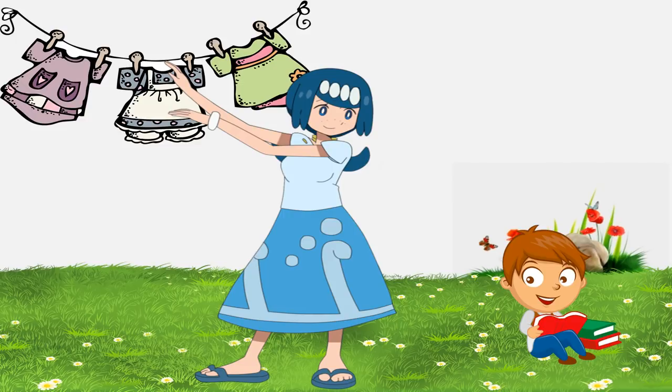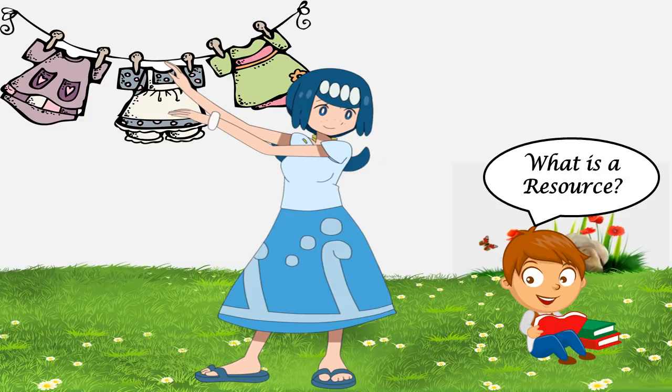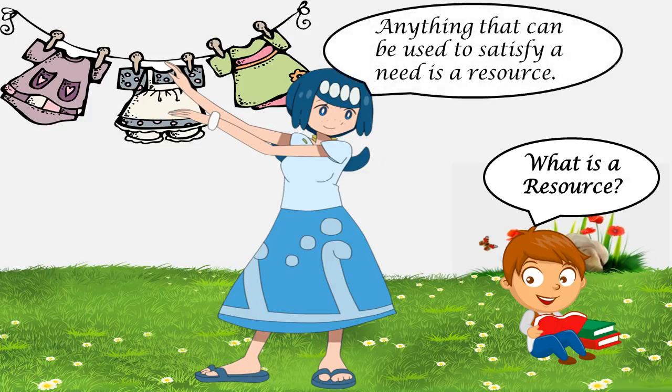Now, Raju is asking his Amma, what is a resource? To this, Amma replied, anything that can be used to satisfy a need is a resource. Students, this is a definition for resource. How do we define resources? Anything that can be used to satisfy a need is a resource.